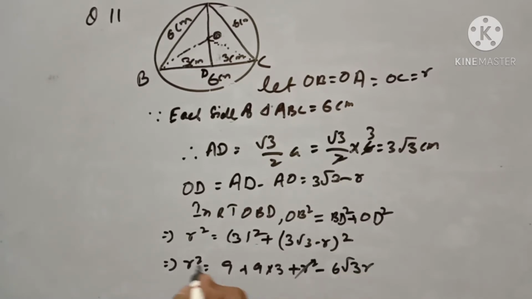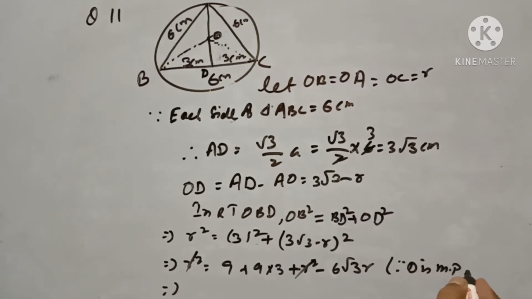So these are removed. Therefore, as we know D is the midpoint of BC, since D is the midpoint of BC. This implies, taking minus 6 root 3 r to this side, it will be plus only. So 6 root 3 r equals 9 plus 27, 36.